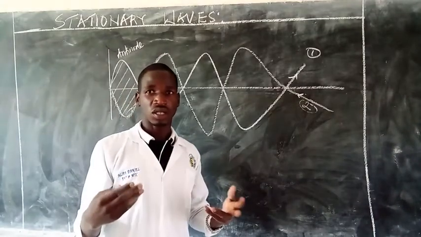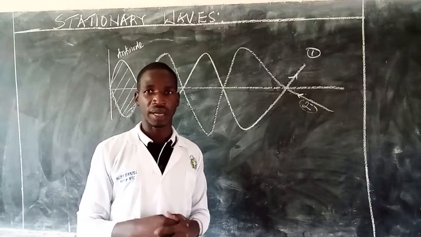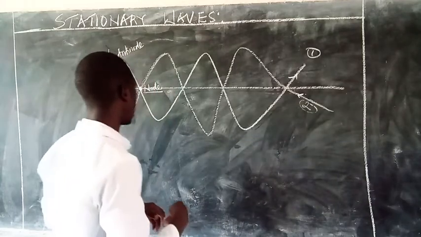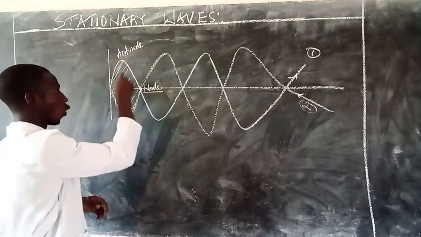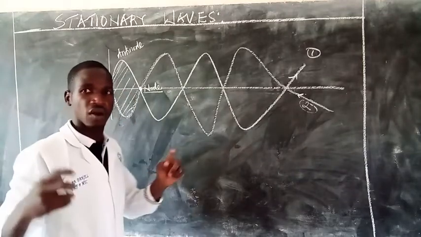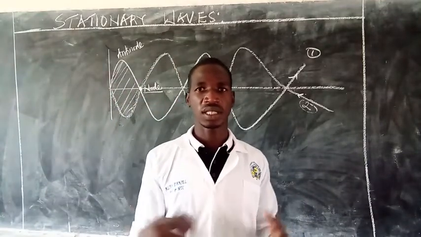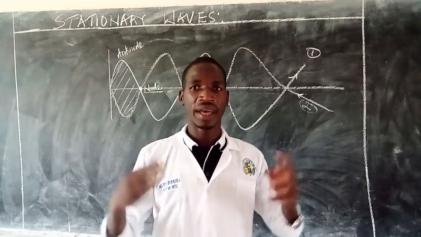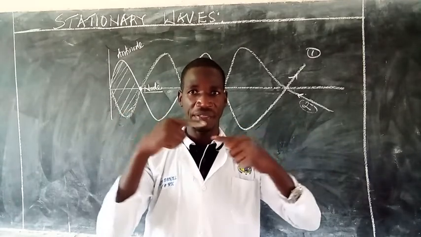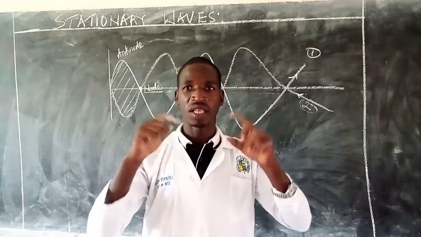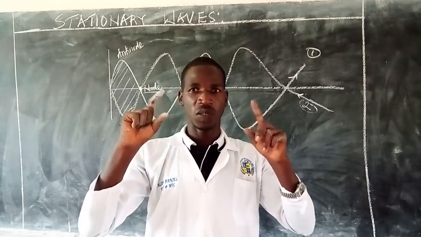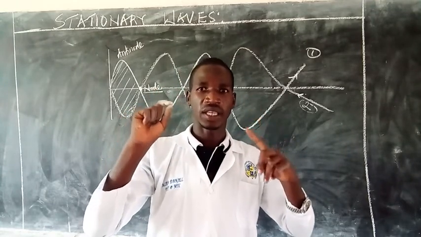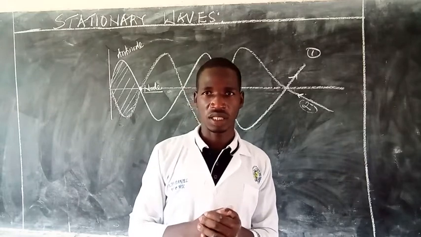How is an antinode formed and how is a node formed? We shall have an antinode formed when these two waves meet when they are in phase. When we were discussing progressive waves, we talked about phase. So when these two waves meet in phase, there is a point of maximum displacement which will be formed, and that is an antinode.